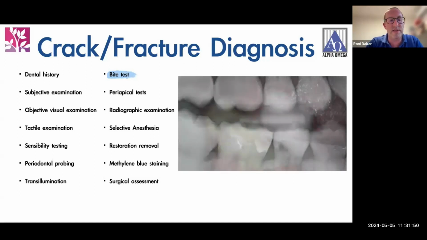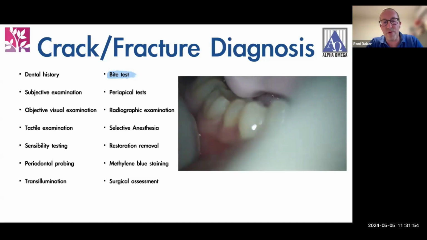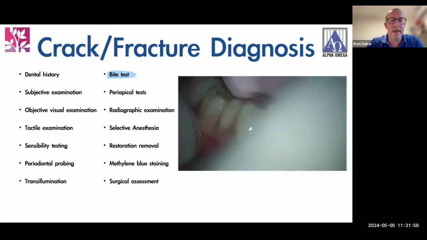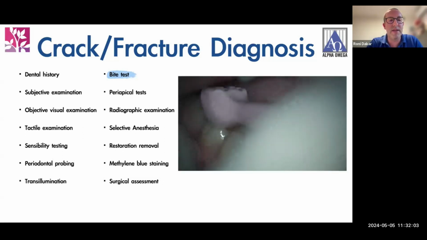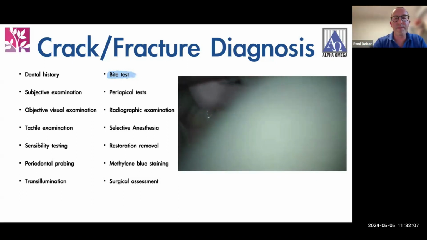My possible diagnoses are either a fracture of a cusp, or a whole palatal wall, or sensitivity as a result of shrinkage of a composite restoration that is in the tooth.